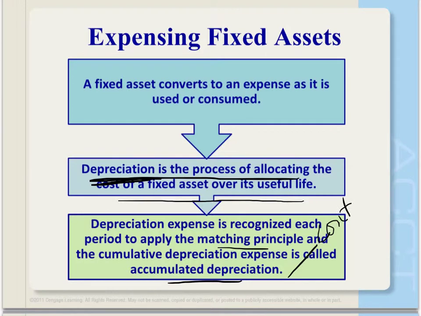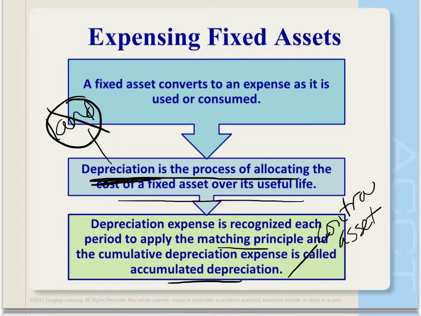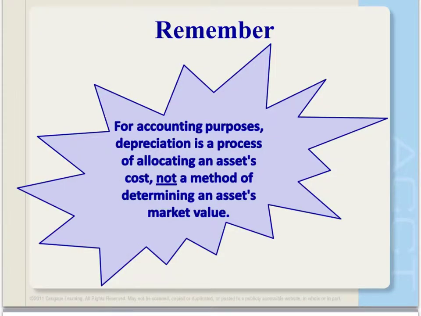If you remember correctly, we called that a contra asset. And we also have decided that depreciation does not happen for land. So remember, for accounting purposes, depreciation is a process of allocating an asset's cost, not a method of determining the asset's market value. It's just a method where we could expense it slowly over time.